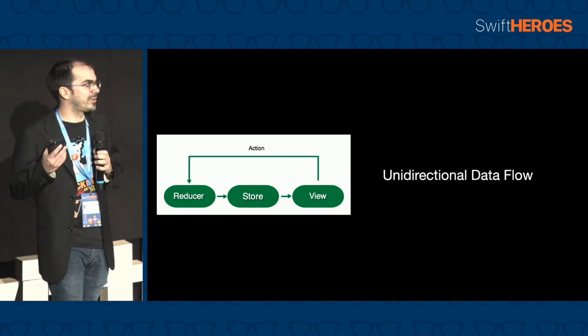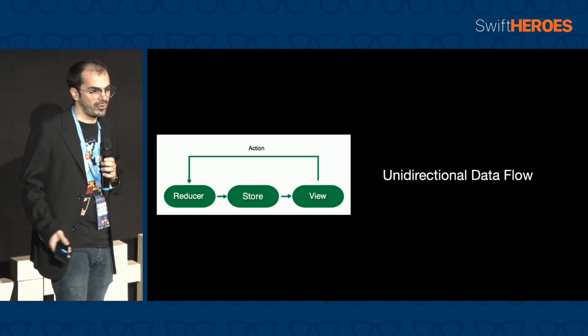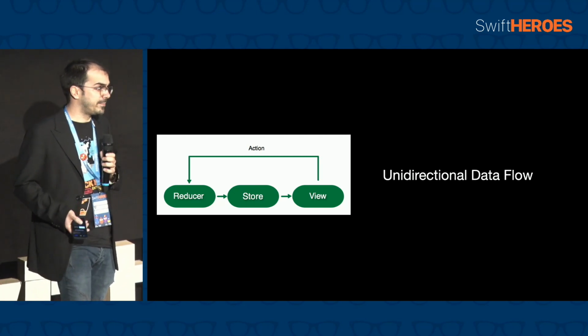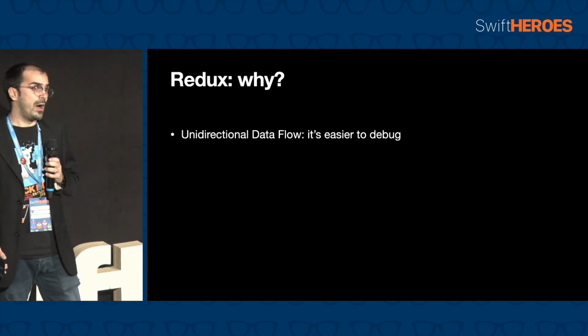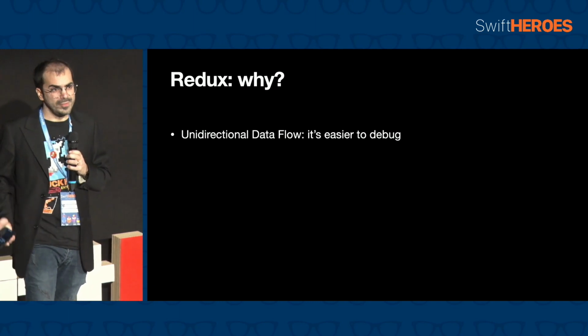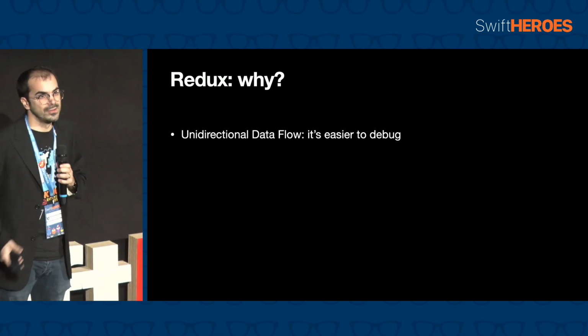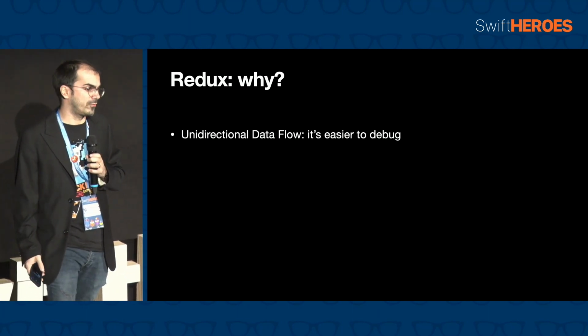I saw in other talks that it was mentioned for MVVM too, for example. Why is this a benefit? Because it's easier to debug something wrong in the data when you know where your data comes from. So this is a good benefit of the Redux architecture, of course.